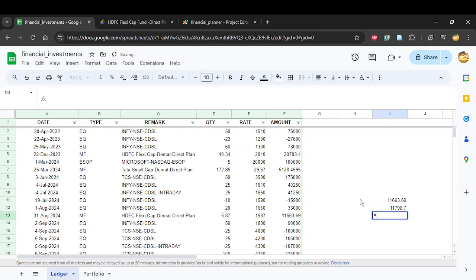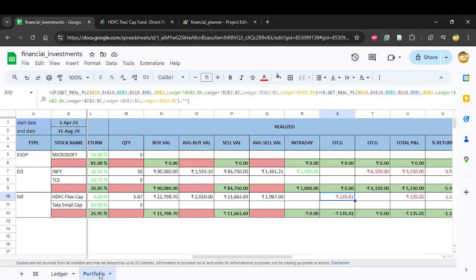If I find the difference between the selling price and the buying price, it's coming out to be 135.01, which is exactly what we want.